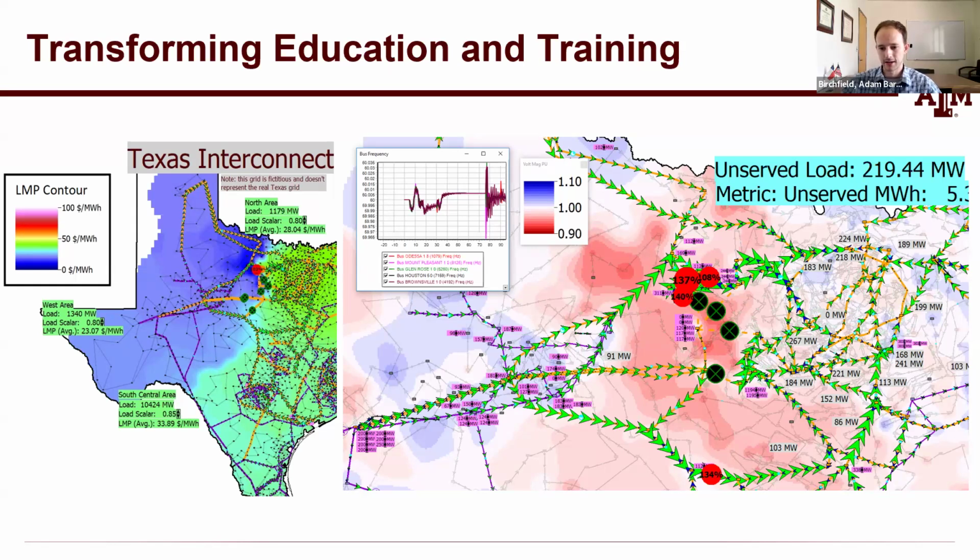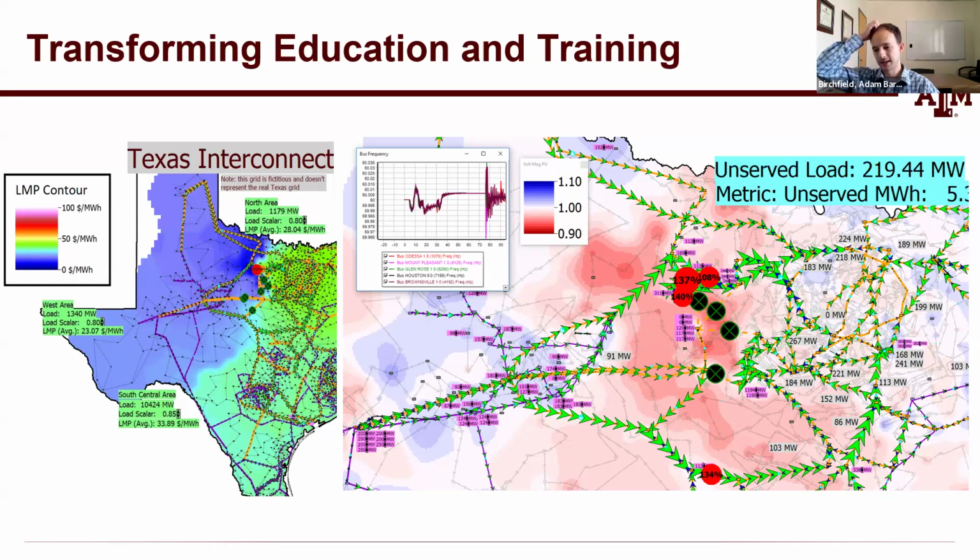And second, I think this kind of exercise gives students more of an appreciation for the challenges and difficulties that are involved in real transmission grid analysis and planning. So like this exercise on the left is where we're looking at how prices are affected by various transmission outages, and how a network wide locational marginal price analysis works.